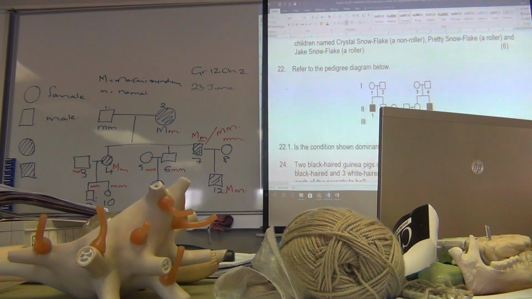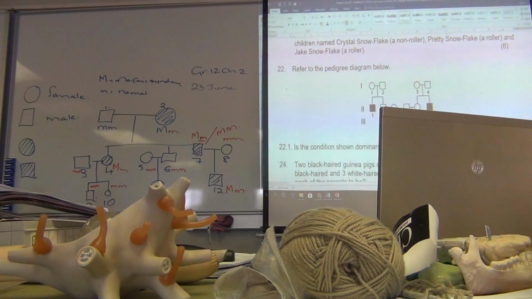So what you've got to look for is evidence of children that show the condition where neither parent does. Neither parent 1 nor 2 shows the condition.